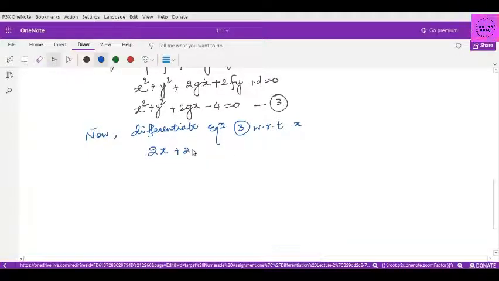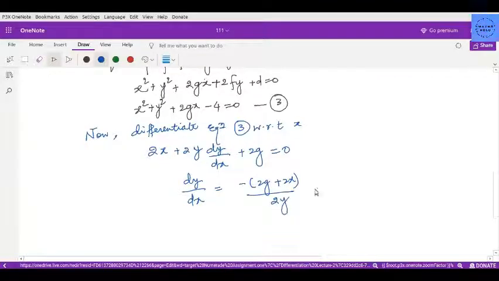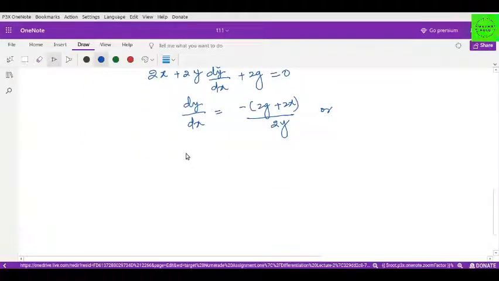So it is 2x plus 2y dy upon dx plus 2g equals 0, or we can write it as 2g equal minus 2x minus 2y y dash, or g equal minus x minus y y dash.